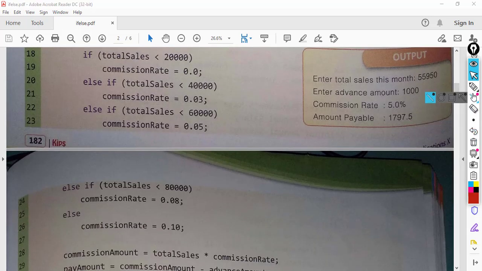Finally, if the control comes to this else if, that means the value is greater or equal to 60,000, and it should be less than 80,000. So we are checking here if it is less than 80,000. If it is so, then we'll assign 0.08 to the variable commission rate, and if it is greater than 80,000, then the commission will be 10%.